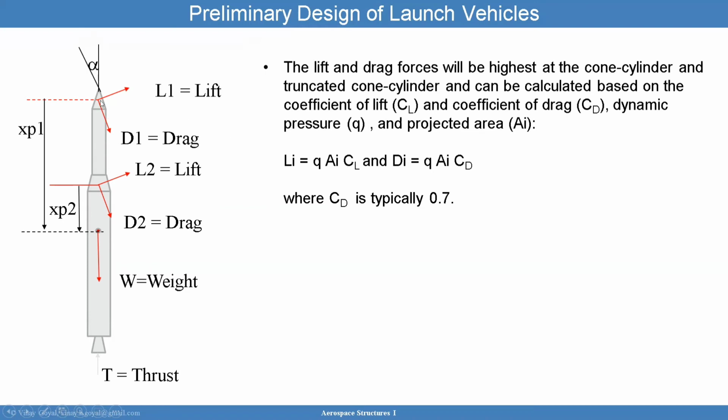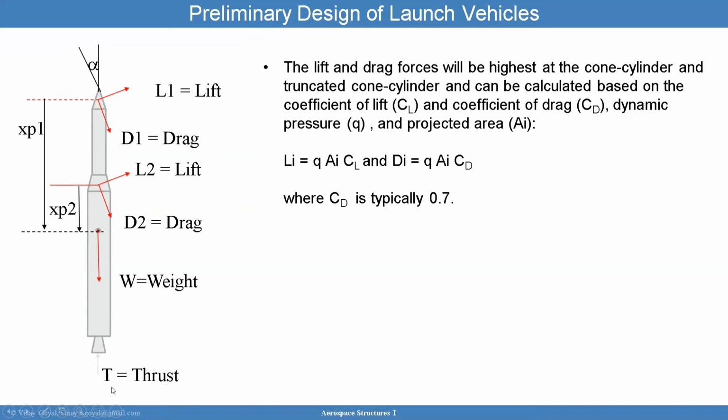Then you're going to have drag, which is acting opposite to the direction of motion. So since it's moving in this direction, you're going to have drag in the opposite direction. And that's true for this component and this conical component. Here, what I've shown is XP1 and XP2, the location of these loads relative to the centroid.